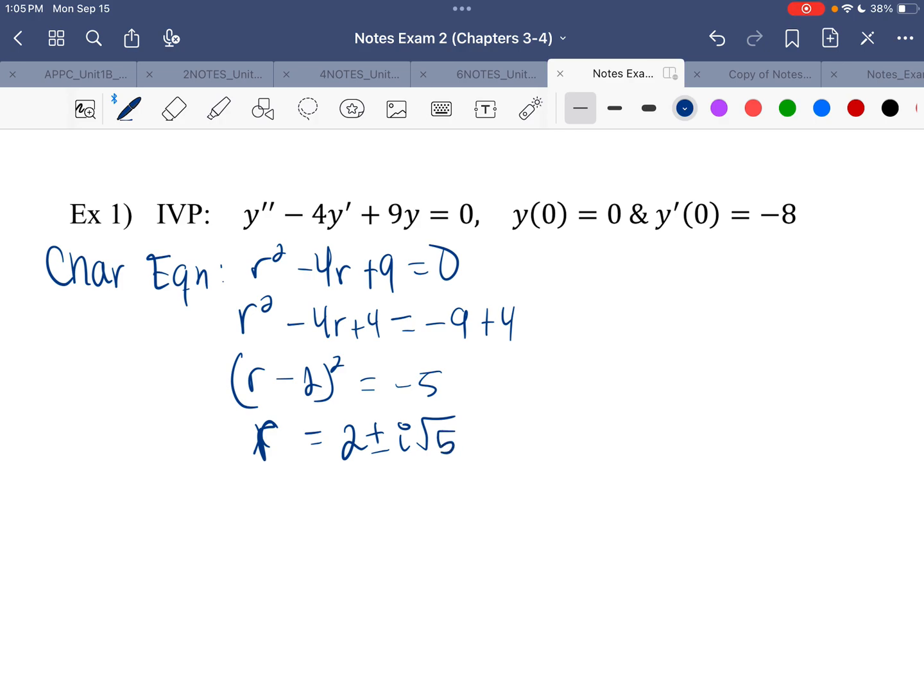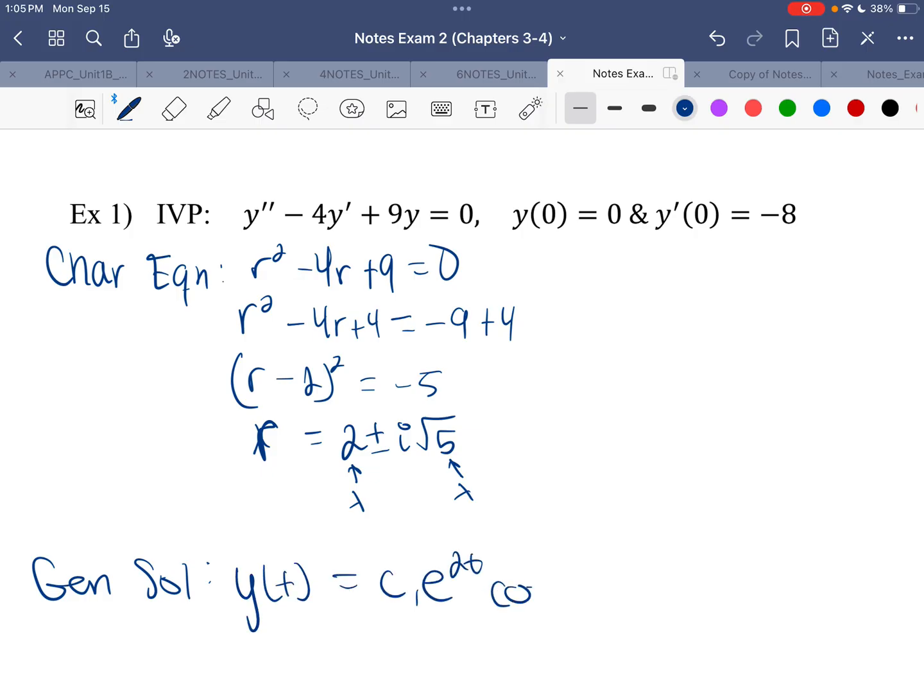Okay, so we get, this is lambda, this is mu. So our general solution is going to be y of t equals c1 e to the 2t cosine square root of 5t plus c2 e to the 2t sine square root of 5t.